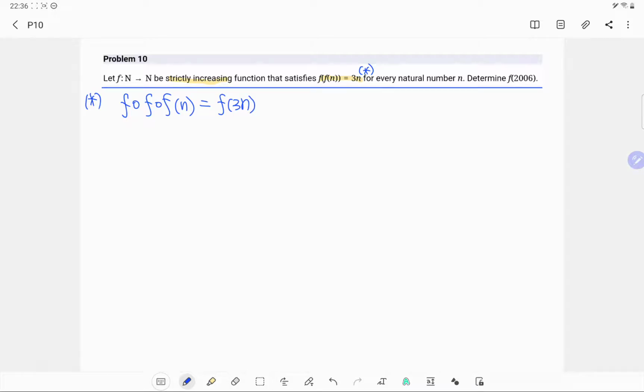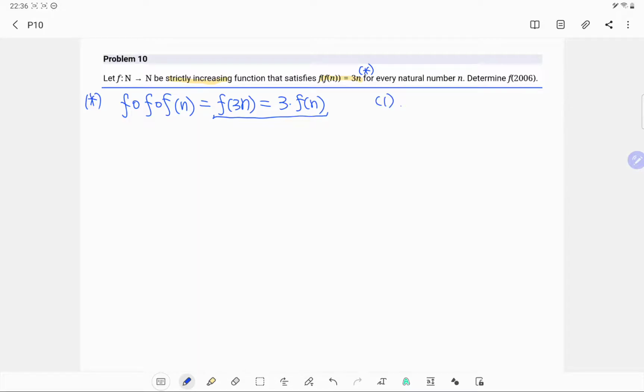And from the original equation, if we replace n by f(n), we also have f(f(f(n))) on the left-hand side, while on the right-hand side it becomes 3 times f(n). So we successfully simplify the original equation like this, and we may call it equation 1.